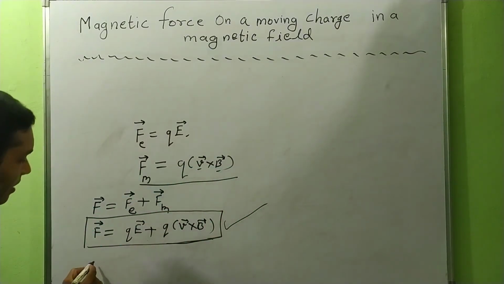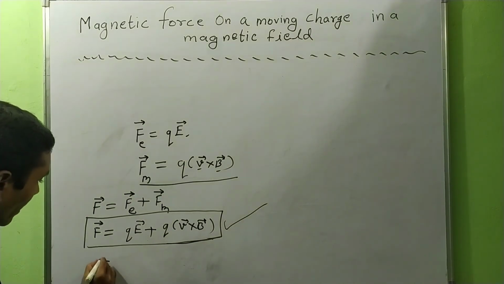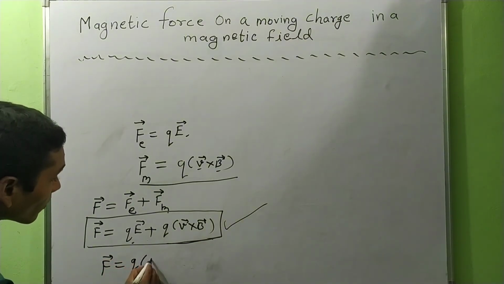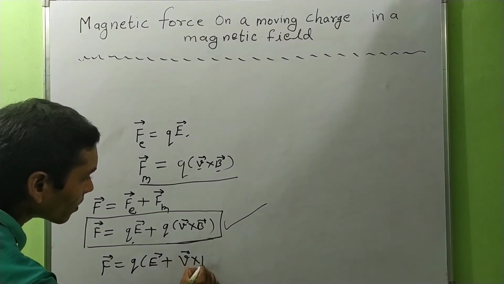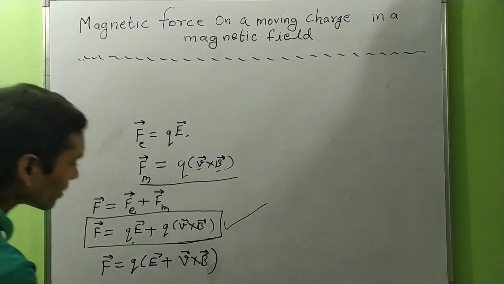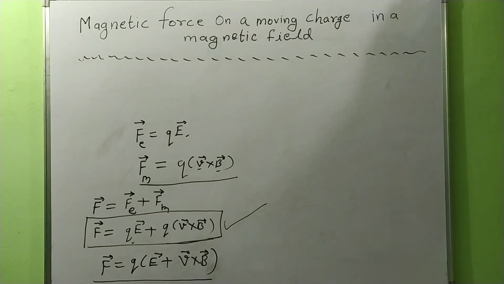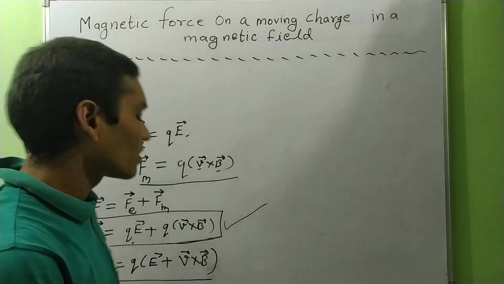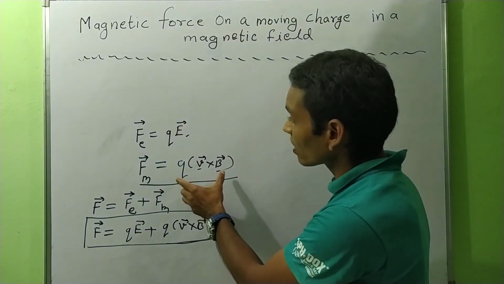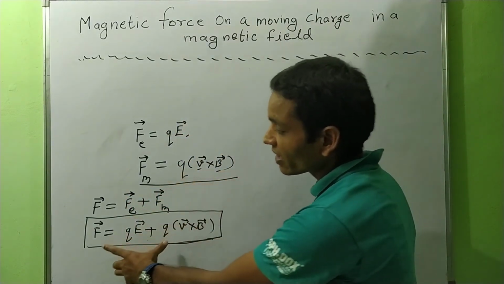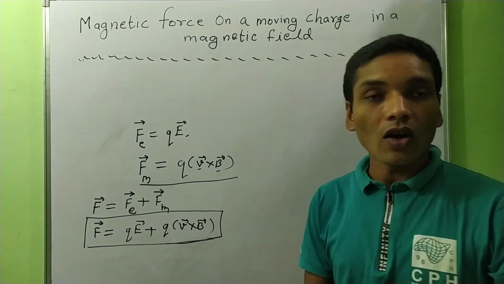This equation can be written as vector F equal to q times vector E plus vector v cross vector B. This is the Lorentz force acting on the moving charged particle. This total force is called the Lorentz force.